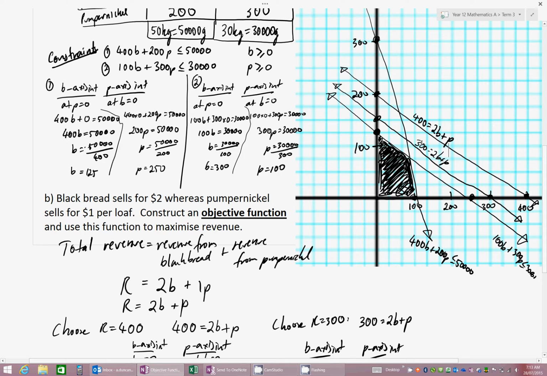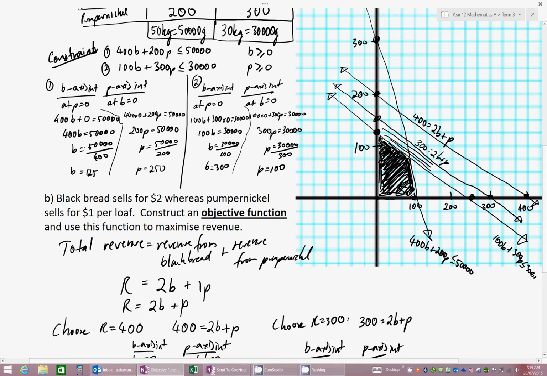But you should be able to see how, as we decrease the revenue, we're getting closer and closer to this region of feasibility where we can actually make that combination of breads. So these two lines, the R equals 400 and R equals 300, they're both parallel. So as we continually reduce the revenue, we're going to draw more parallel lines that come closer and closer to this region of feasibility.